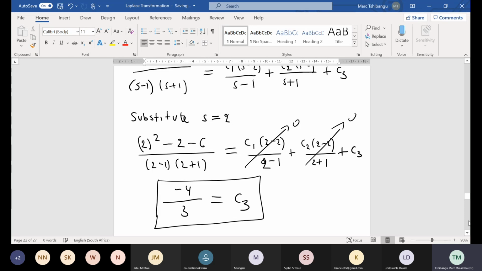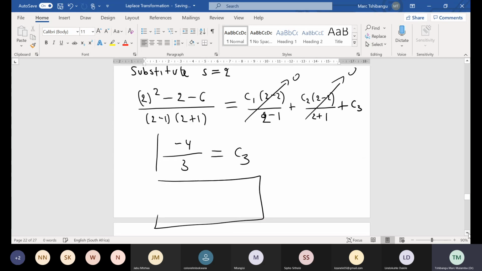We've computed all the constants. We can now substitute.